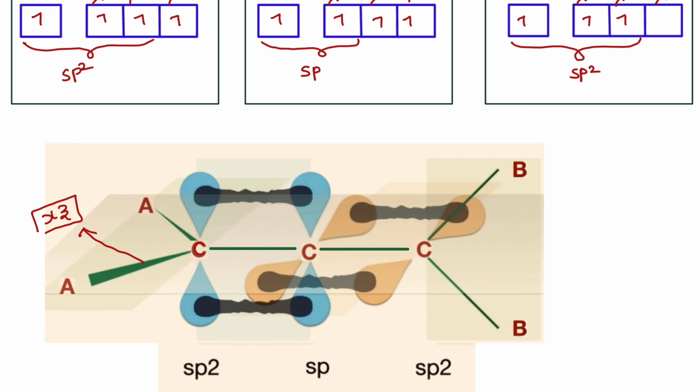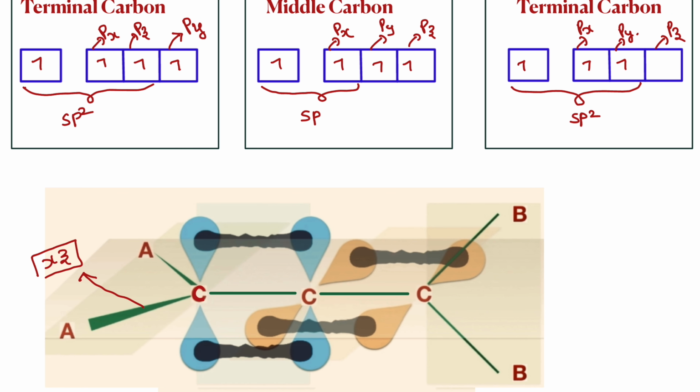The other terminal carbon uses px and py orbitals, therefore its 3 sigma bonds are in the xy plane. So obviously one terminal carbon's sigma bonds are in the xz plane, and the other terminal carbon's sigma bonds are in the xy plane. It means they are perpendicular to each other.